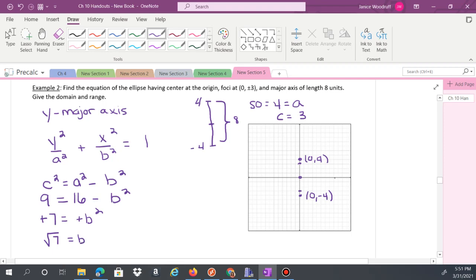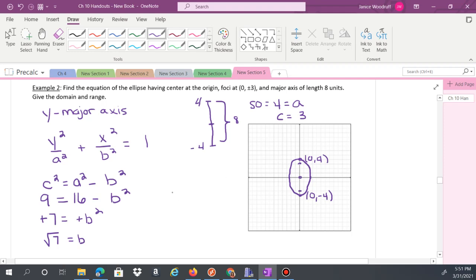If I want to graph that, that was roughly 2.6 or something. So maybe like right here and right here, if you wanted to get a nice little picture of what that looks like. But we are asked for the equation. So you're just putting the a squared and the b squared underneath.